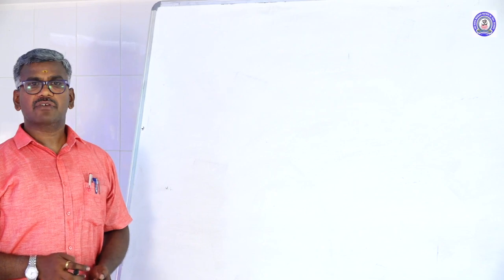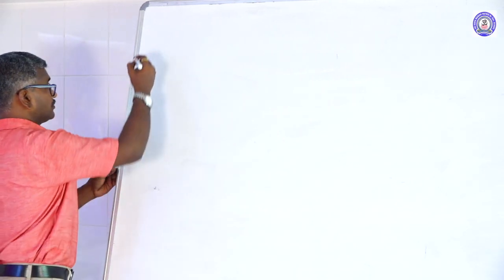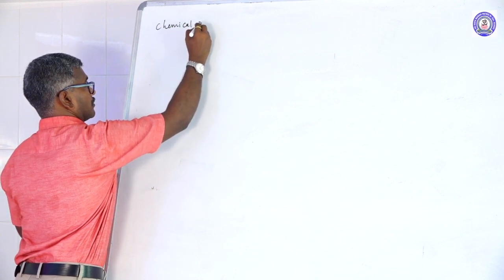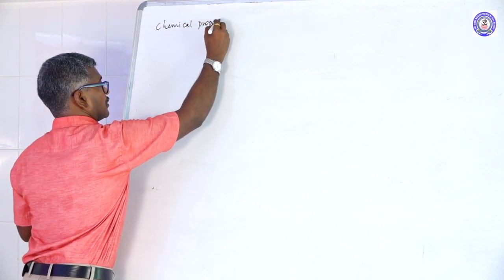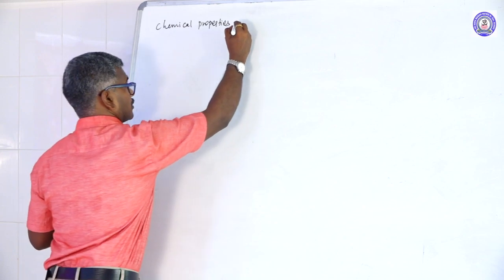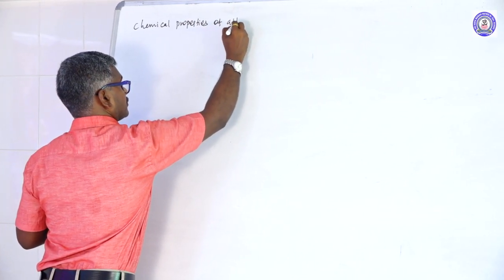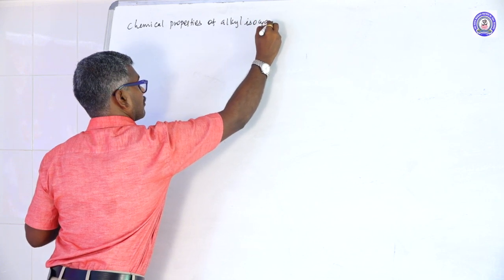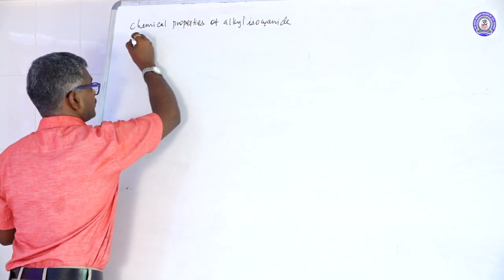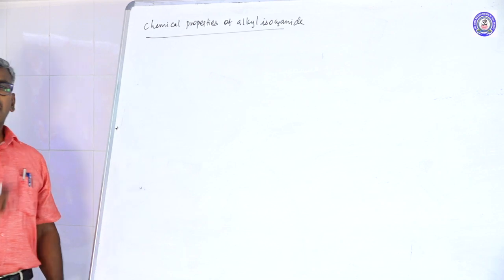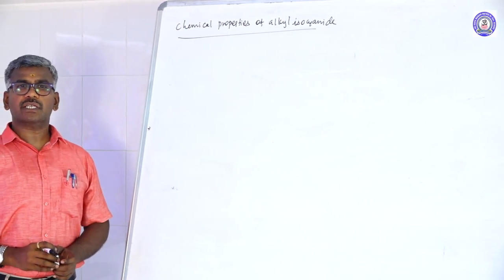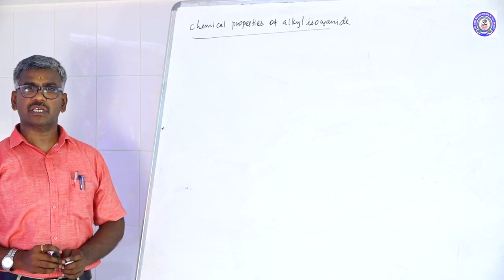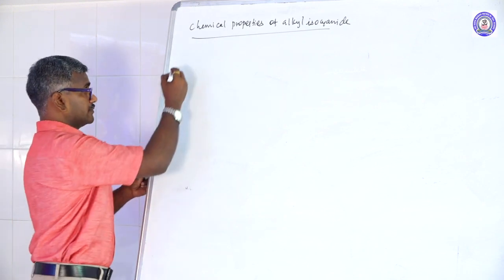Next, chemical properties of alkyl isocyanide. Alkyl isocyanide has three important chemical properties. The first one is hydrolysis, another one is reduction, and another one is addition reaction.